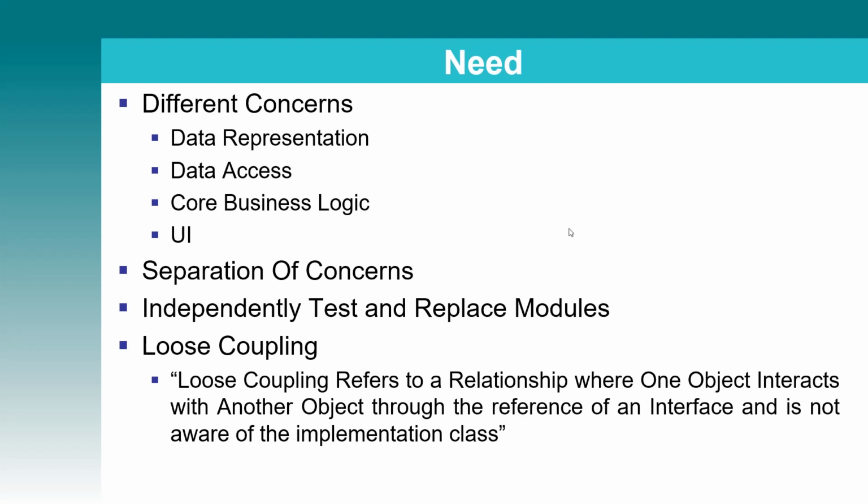What if I wanted to replace the existing RDBMS based data access with, let's say, MongoDB, but I want to keep everything else the same? So I should be able to just independently plug out an existing class and plug in a new class. So that's the idea behind, or that's the need for layering of an application.